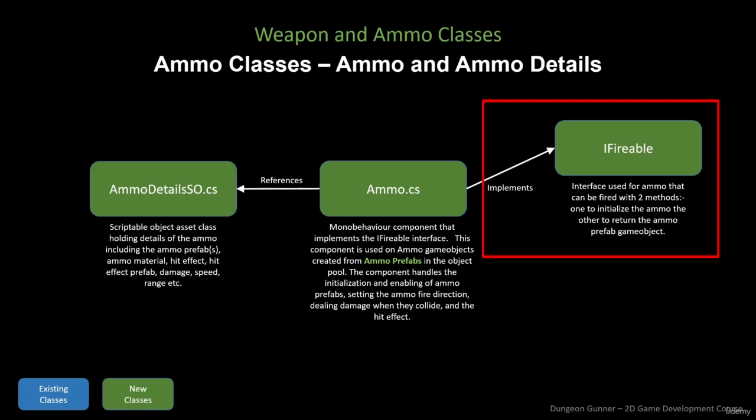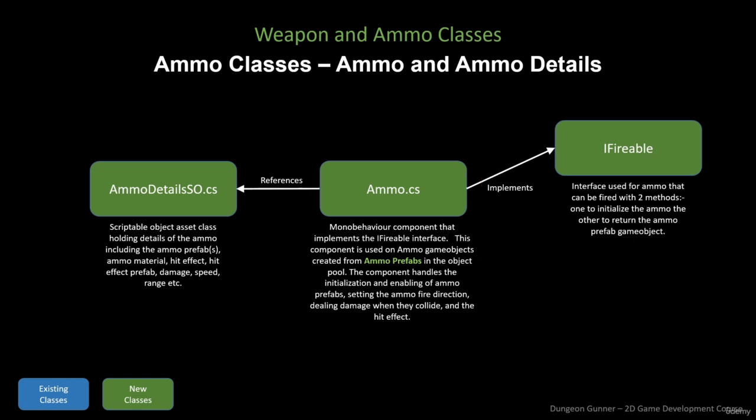So the IFireable interface will have 2 methods that any class implementing it will need to implement as well. And one of those methods will be to initialize the ammo, and the other method will be to return the ammo prefab game object. Another benefit of using interfaces is that rather than having just one ammo class, we could have multiple ammo classes.